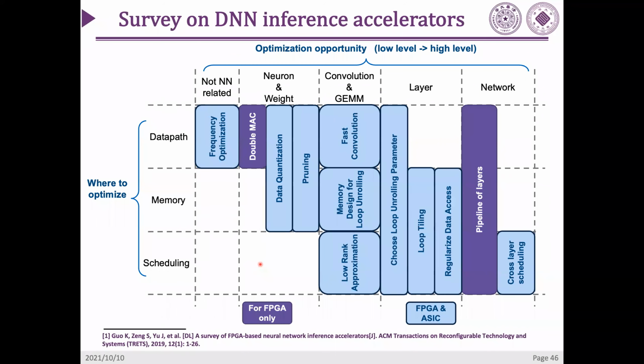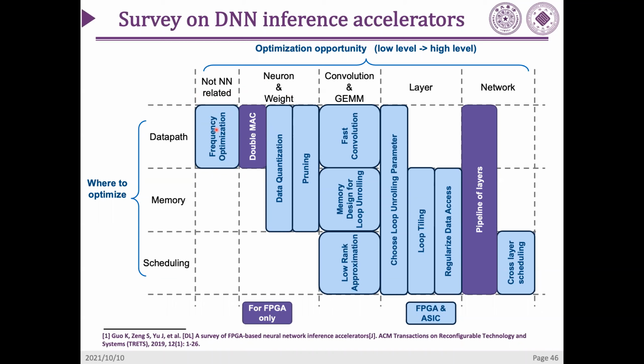We also wrote a survey on deep neural network inference accelerators. There are typical optimization opportunities, as I mentioned, some of them in this talk. You have the network level, layer level, convolution and general matrix multiplication level, neural weight level, and also technologies not related to the neural network.